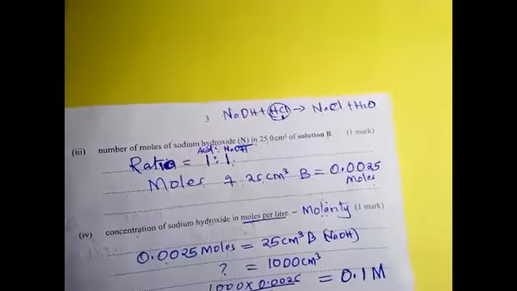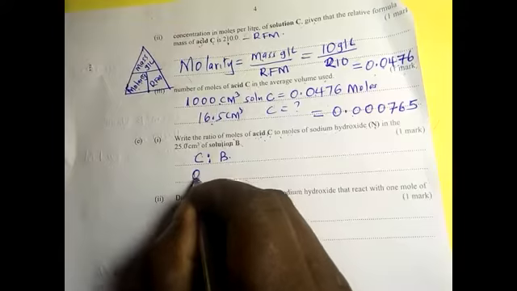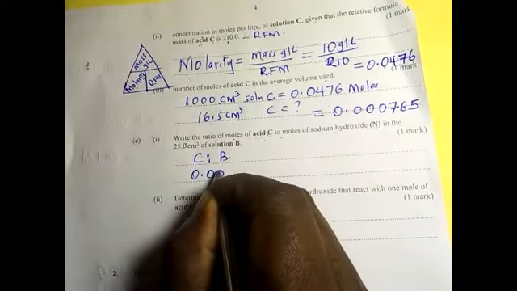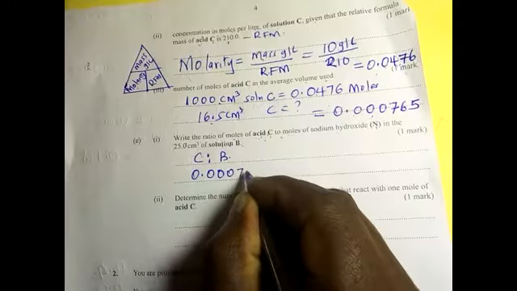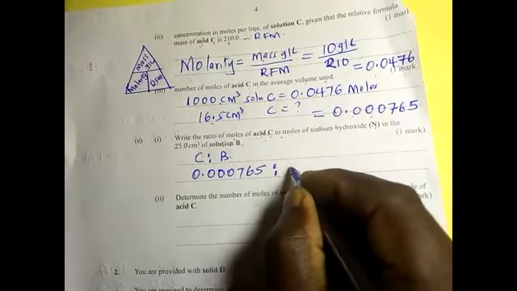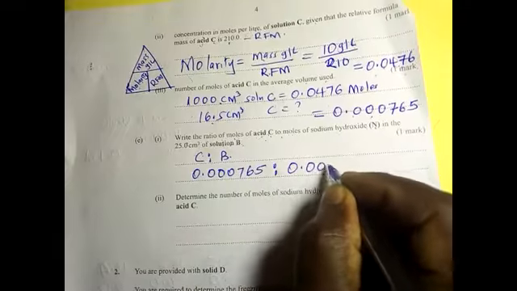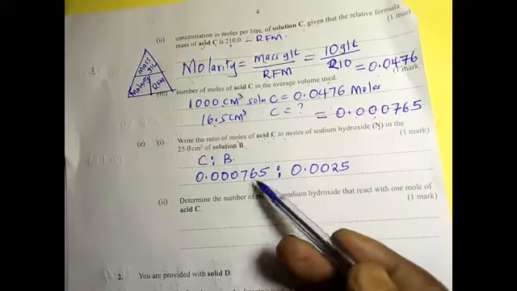So we are just writing the ratio. So this one is 0.000765 to 0.0025. That was just writing the ratio.